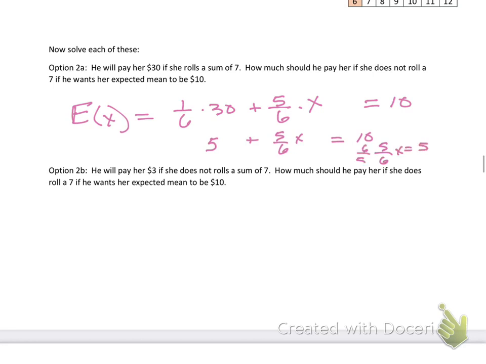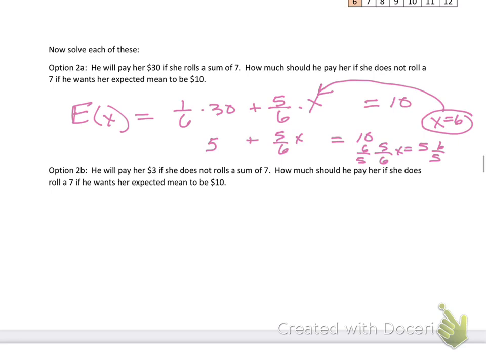Multiply both sides by 6/5. For that to be the case, he should pay her $6 the other times. So if she rolls a number other than 7 and he pays her $6, she would have the same expected earnings as in the first scenario when he just pays her $10 a time. I thought that was kind of interesting.